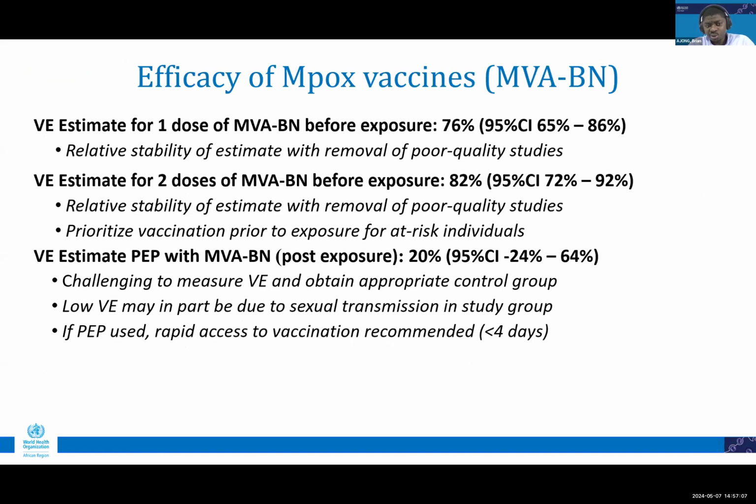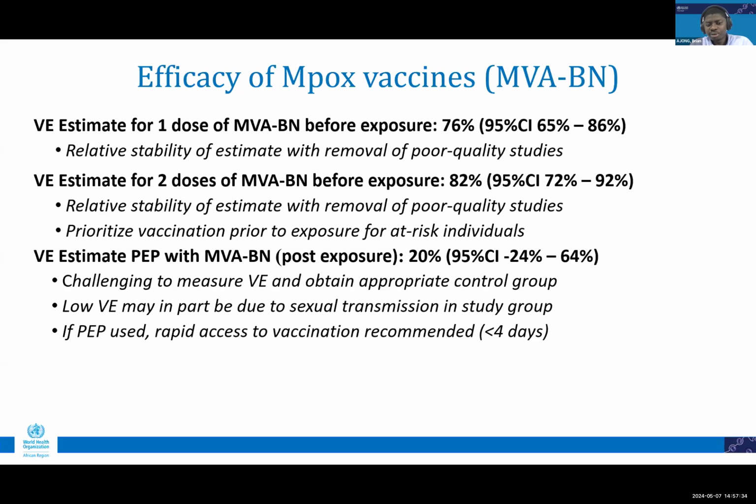For 2 doses given in the pre-exposure phase, we can see it's about 82% vaccine efficacy. So I think the take-home message here is that to have optimal protection, it is best to use the vaccines as a pre-exposure primary preventive strategy.